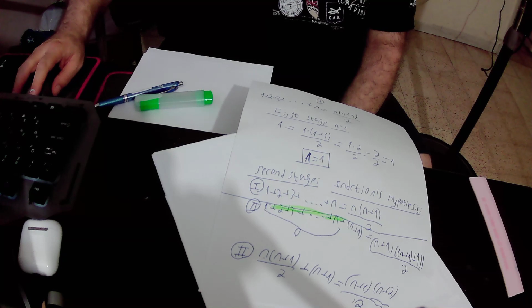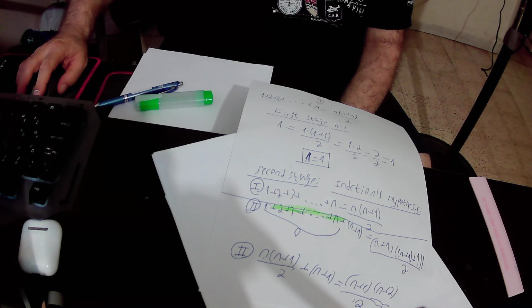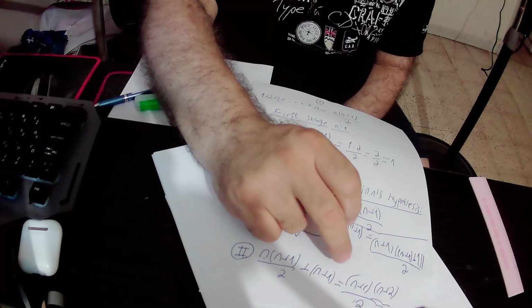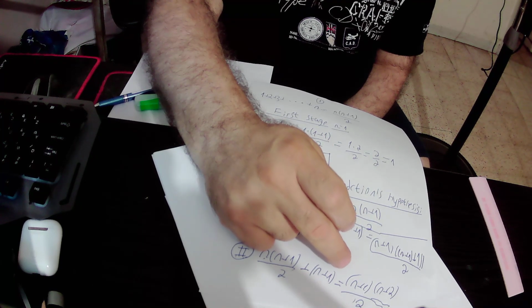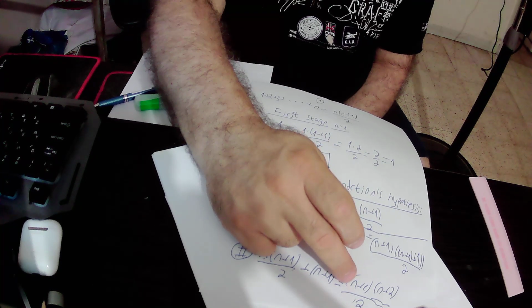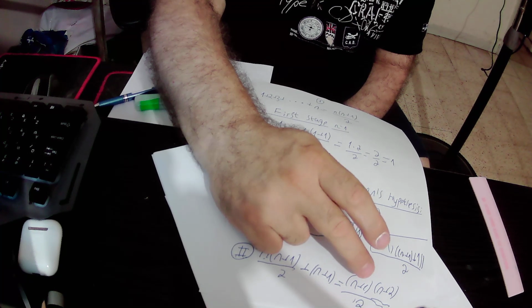And n plus 1 plus 1 is actually n plus 2. So in total we have in the right side of the equation n plus 1 times n plus 2 all divided by 2.